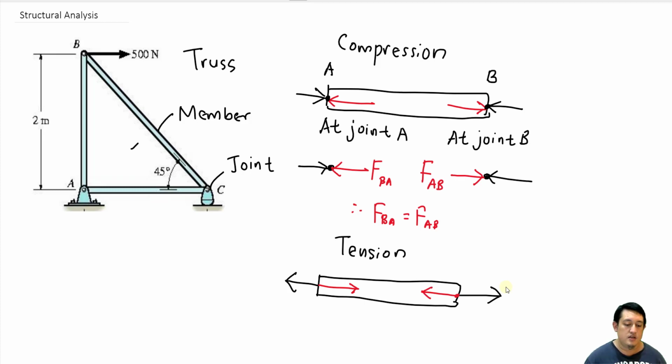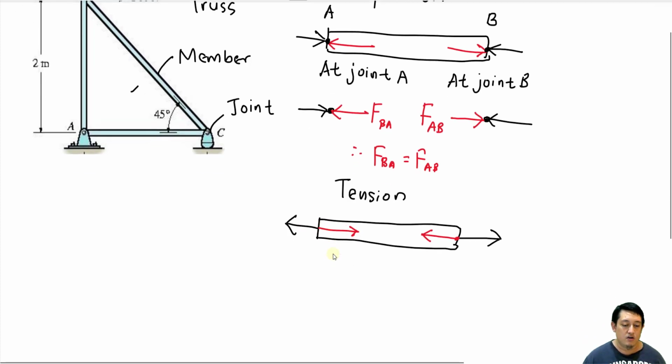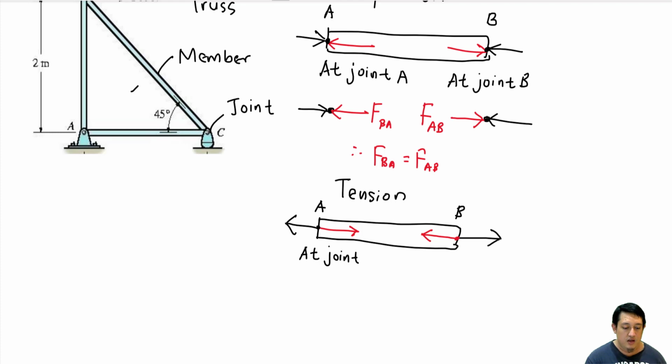the force is acting inside. If we draw the free body diagram, let's say this one is A and this one is B. At joint A, we will have one external force pointing in this direction, and the force created by the member when it is in tension is in this direction.